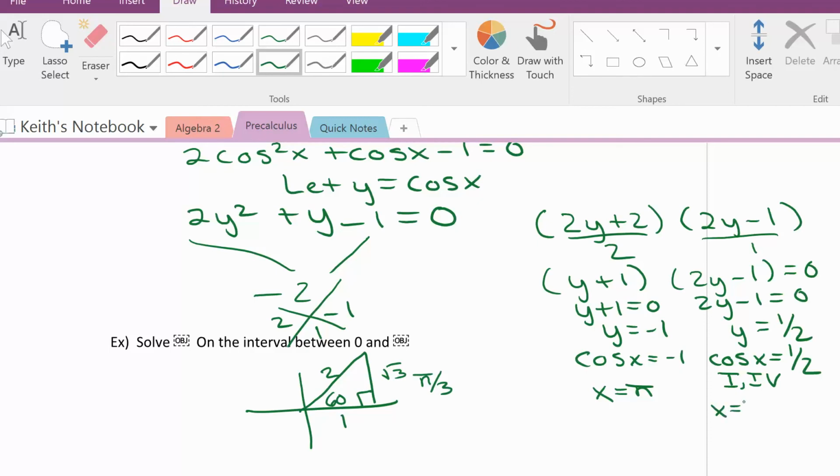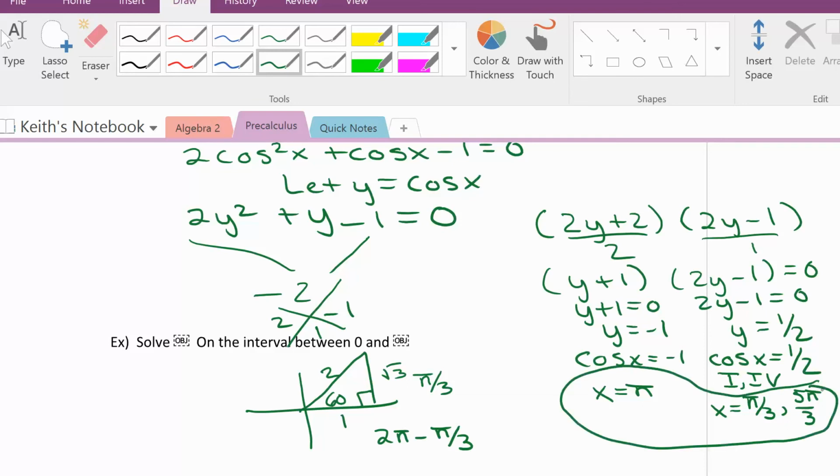So that means x is equal to pi over 3 in the first. In the fourth quadrant, it's 2 pi minus pi over 3, which is going to be 5 pi over 3, because 2 times 3 is 6, so 6 minus 1 is 5 pi over 3. So those are the 3 answers that you get for this specific equation.